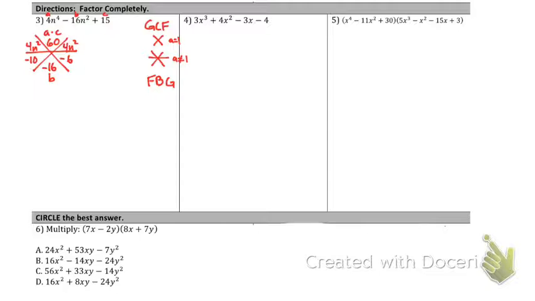Okay, so once we got that, let's reduce here. What can divide 4 and also negative 10? That's going to be 2. So I could divide by 2 or reduce by 2 here and here. So when I reduce, we get 2n squared. When I reduce here, we get negative 5.